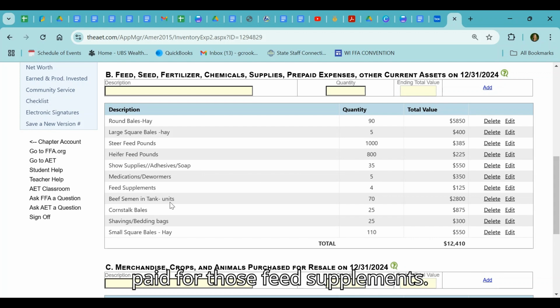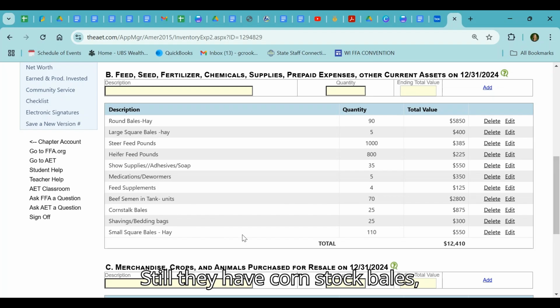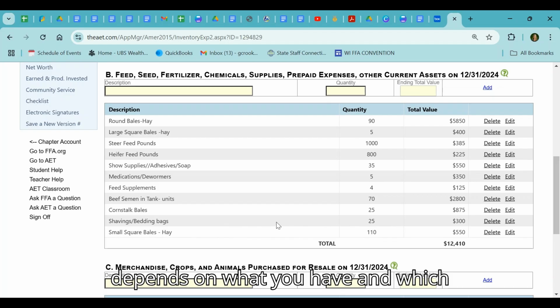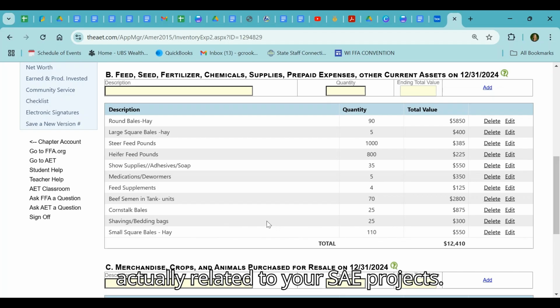Feed supplements. This person has beef semen in their tank. They have 70 units stored there still. They had cornstalk bales, shavings and bedding, 25 bags. So the list goes on. You can make this list as long as you want. So it all depends on what you have, and only put the items that are actually related to your SAE projects.